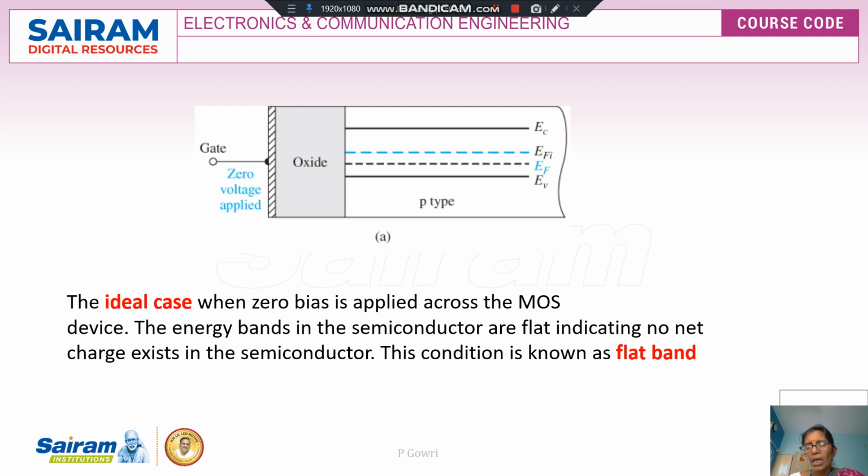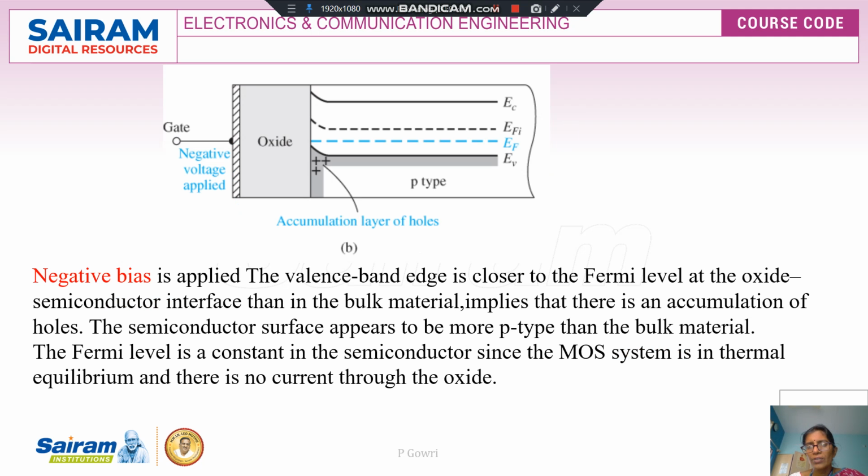Now assume that I apply a negative voltage to the gate terminal, and the semiconductor is p-type. When I apply a negative bias, the valence band edge is closer to the Fermi level at the oxide semiconductor interface than in the bulk material.